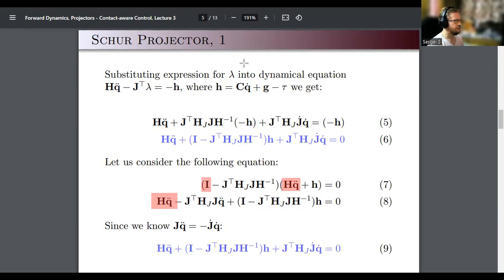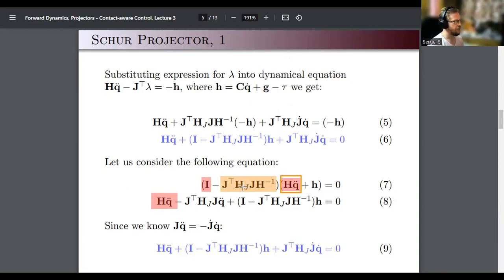Next, I would have this expression. Let me double check. You have this expression times this guy, right? Before, we had H times this guy and we got this guy. Now we have this orange expression times, again, the same guy.